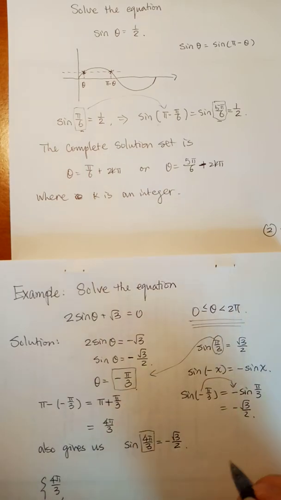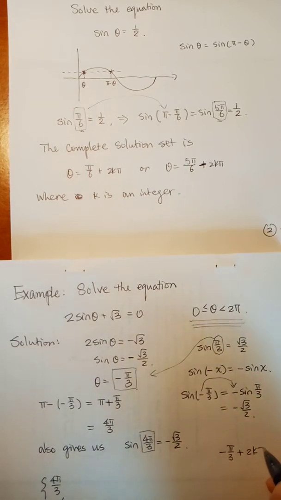We're going to add a proper multiple of 2 pi. Here it's negative, so you possibly will add. Let's check. If you just add 2 pi, you will get 5 pi over 3, okay?